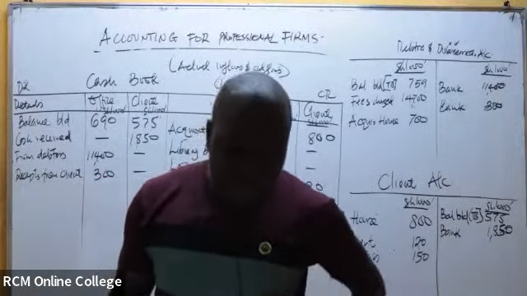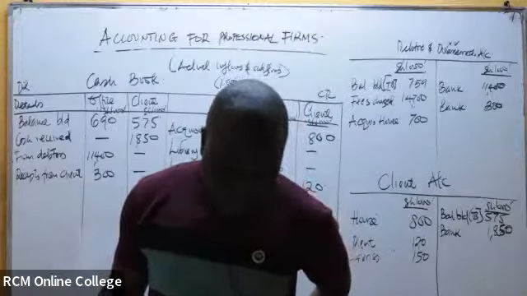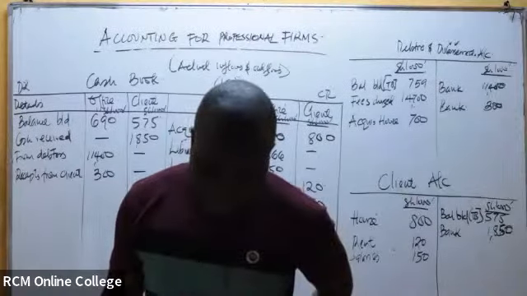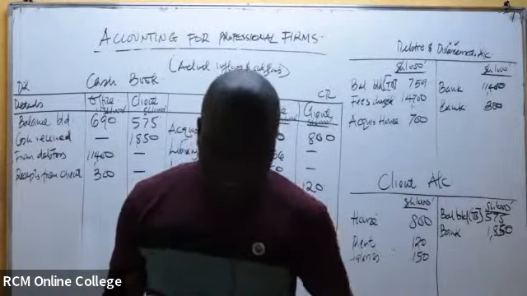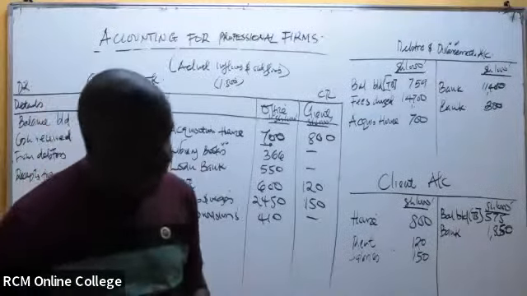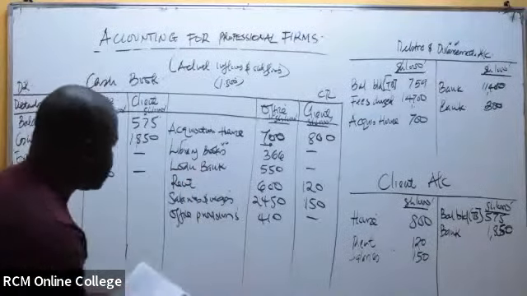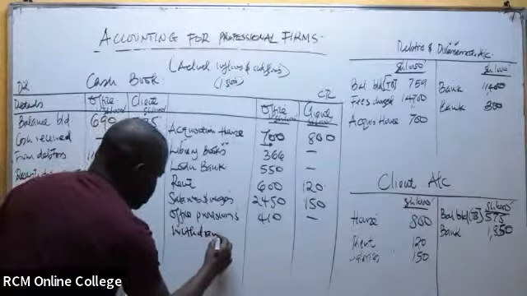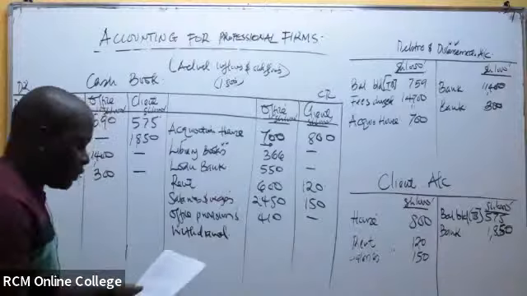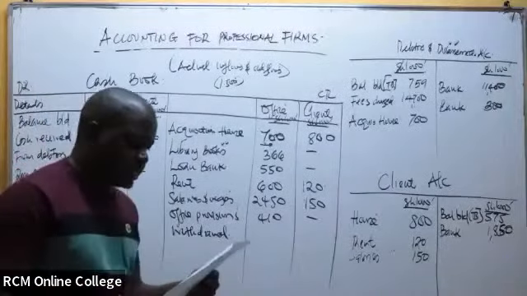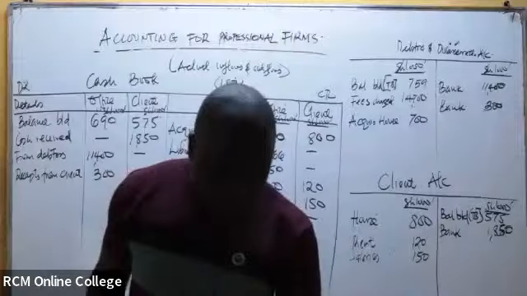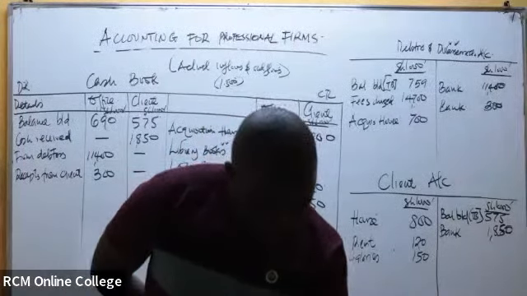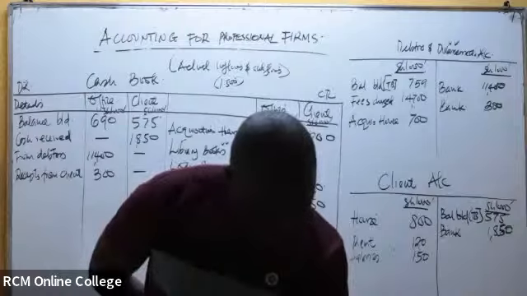Then note number 9. The partners withdrew 1750 from the bank. So there was a withdrawal from the bank, a cash withdrawal of an amount of 1750.